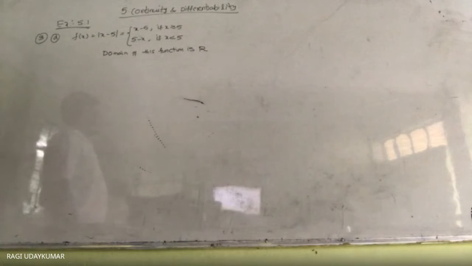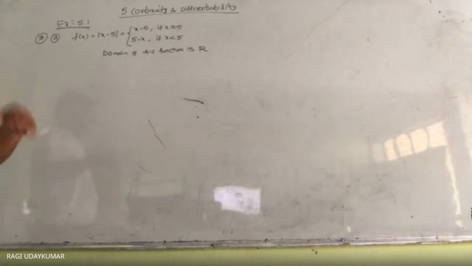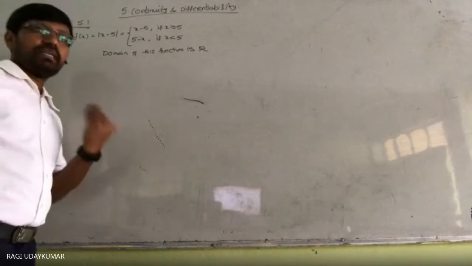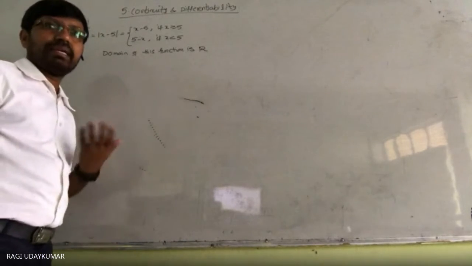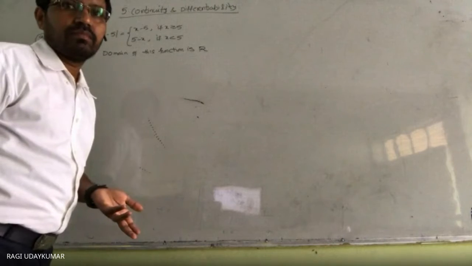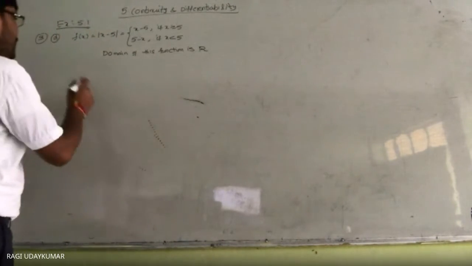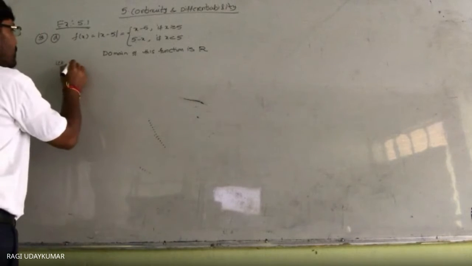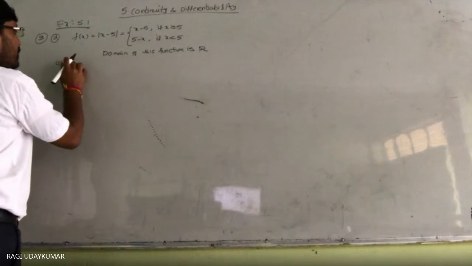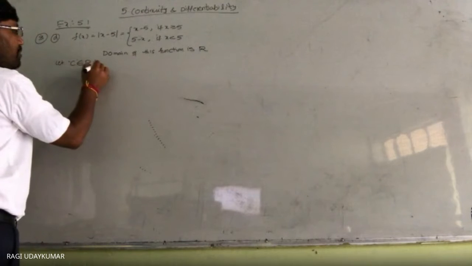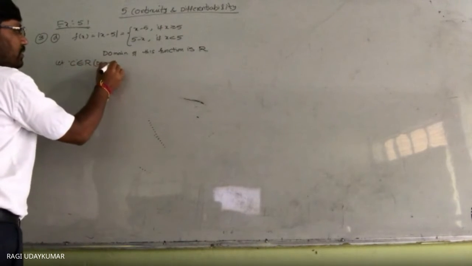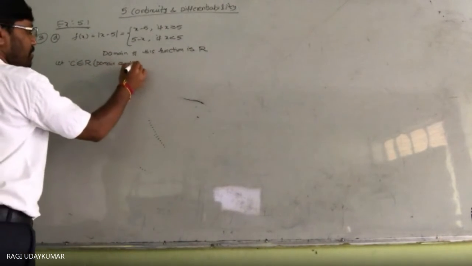So c should be any point on the line. So c may be less than 5, c may be equal to 5, c may be greater than 5. Okay. So here 3 cases will be there. So let c belong to the real numbers, that is the domain of f of x.